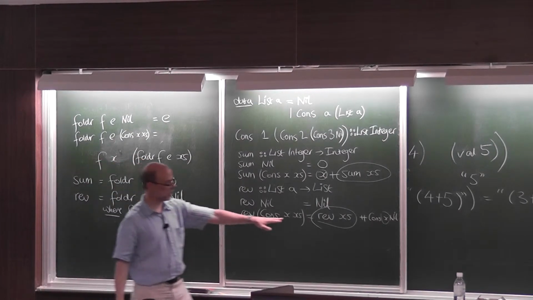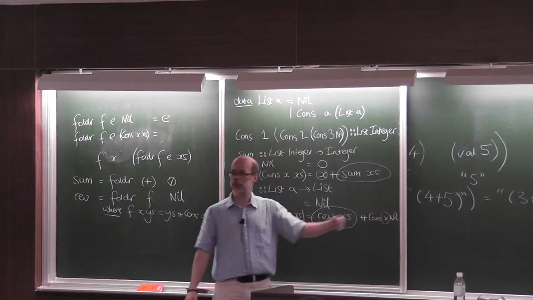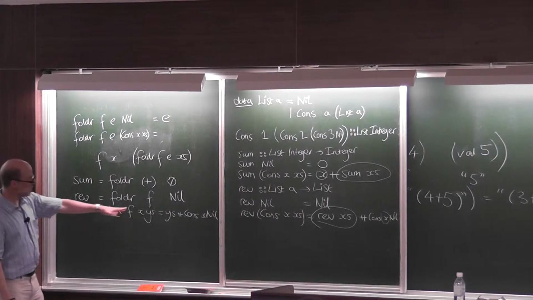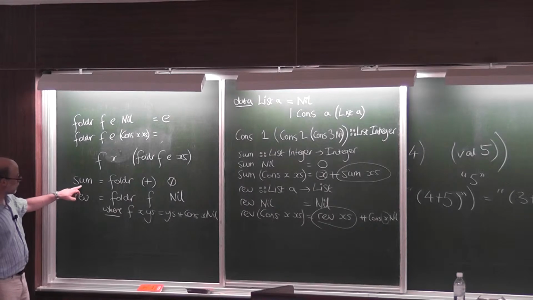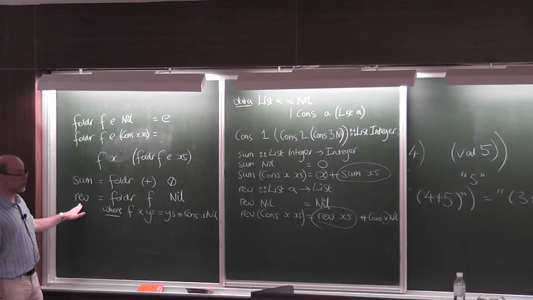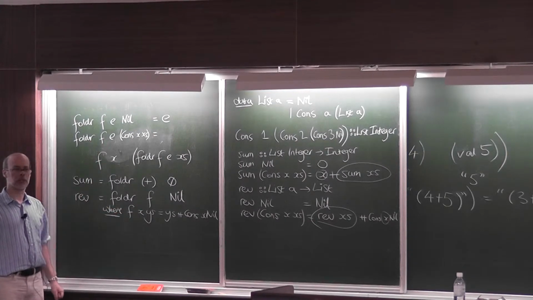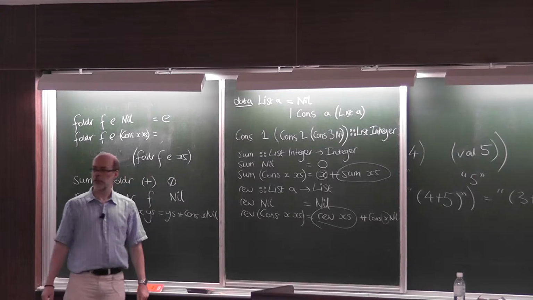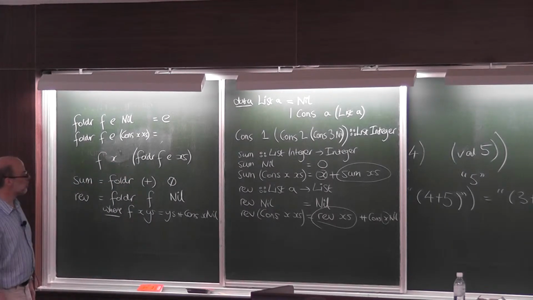And that's what happens here. You take the result of the recursive call and you stick the singleton list x on the end. The actual details of this don't matter. What matters is that sum can be obtained by instantiating this pattern, and reverse can be obtained by instantiating this pattern. So this pattern generalizes those two functions.